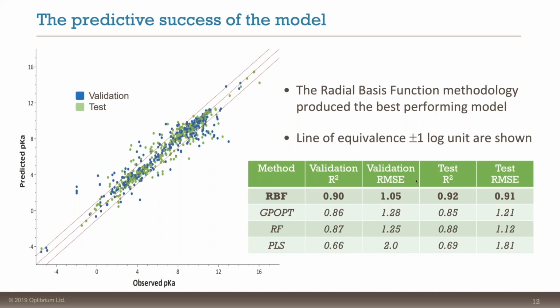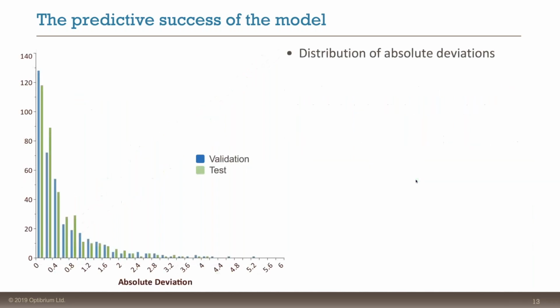So for the validation set and the test set, we are looking at very good correlations, at or around 0.9 along the line of equivalence, and the errors are around or below the 1 log unit estimate.